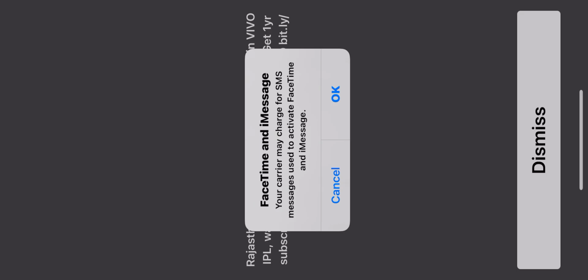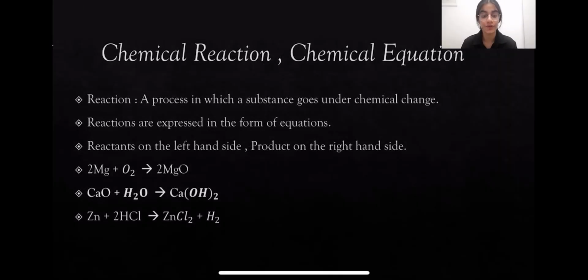If you see this example, that was the reaction of quicklime with water, CaO and H2O being reactants present on the left hand side, react together under certain conditions, and they form calcium hydroxide.